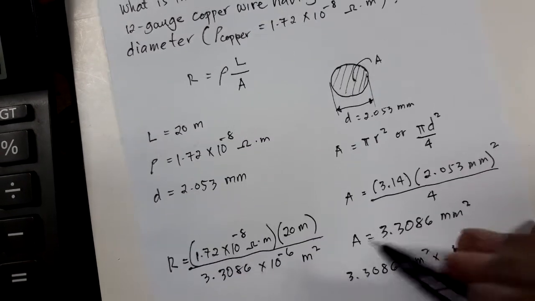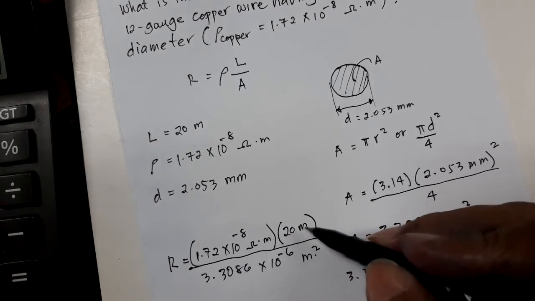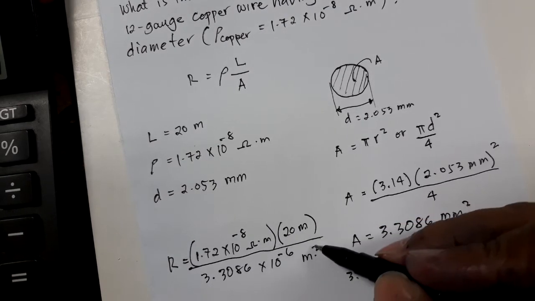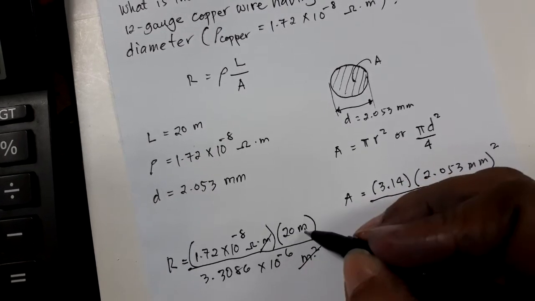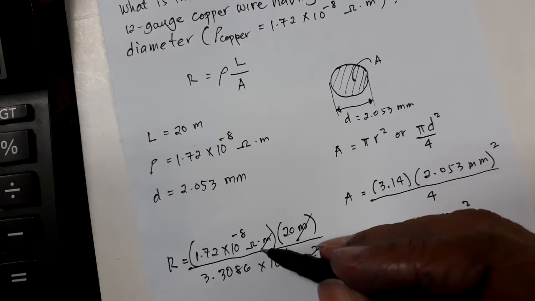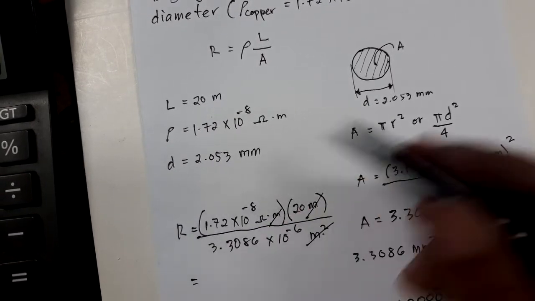You have meter squared here, meter here, and meter here, so the meter cancels out. What is left is ohm, which is the unit of the resistance.